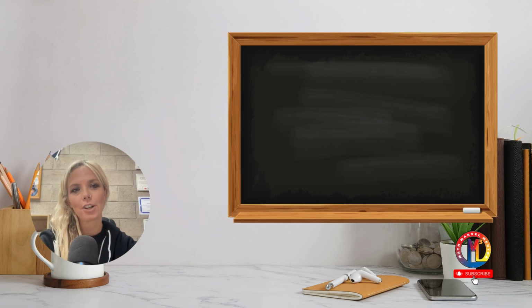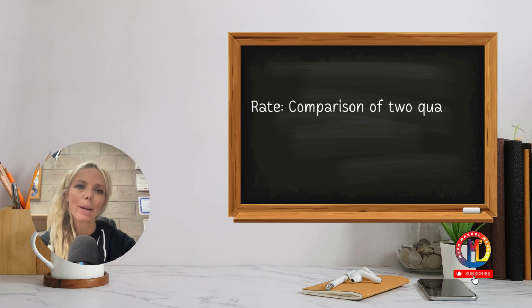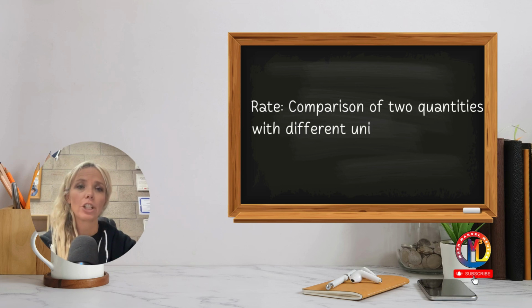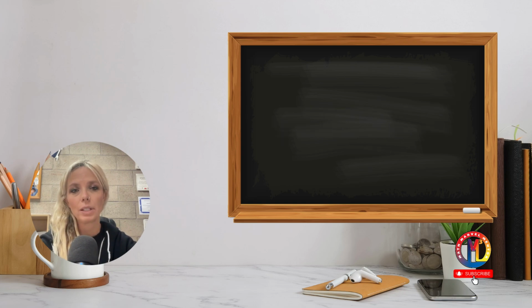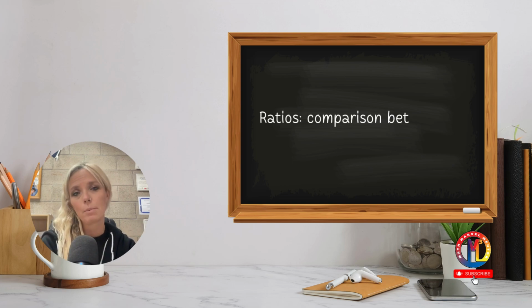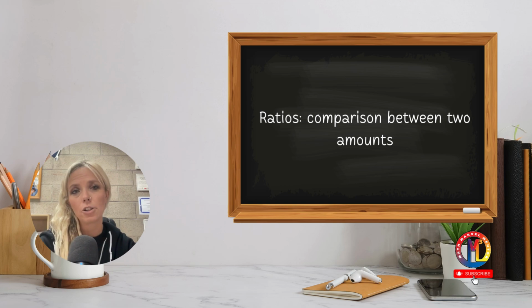Let's review our vocabulary terms for today. We're going to start off with rate. Rate is a comparison of two quantities with different units. For example, miles and hours would be two different types of units. And all rates are ratios, right? We're building our knowledge about understanding rates and unit rates from first understanding ratios, and we know that a ratio is a comparison between two quantities or two amounts.